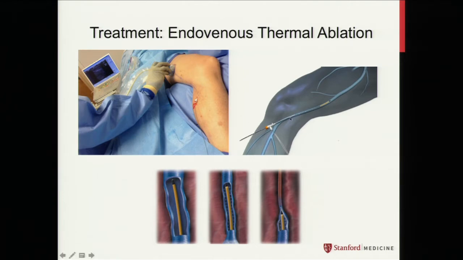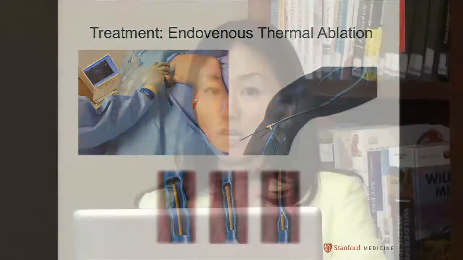However, we place a catheter through the vein that causes a lot of the reflux, and we emit heat from the tip of the catheter. It could be radio frequency, it could be laser, but some kind of heat that burns the vein down as it closes them. So you're putting a catheter in the leg, you're emitting heat, and as you pull it out, the vein closes and collapses. So you shut off the vein that's causing a lot of the reflux.